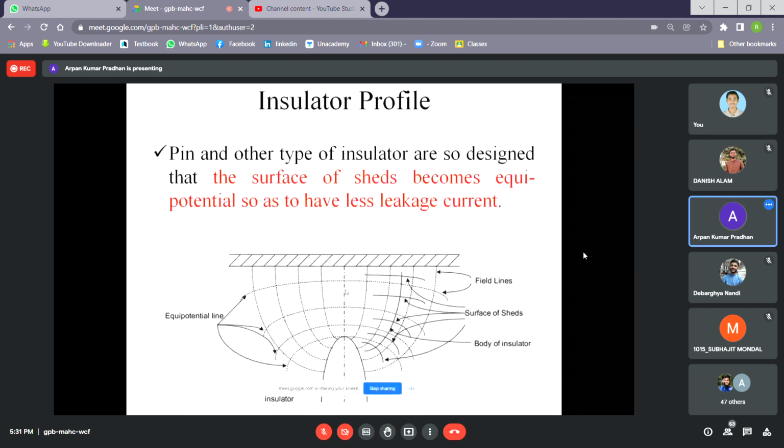Is it clear? You can see these are the bodies of the insulators, these are the equipotential lines, and these are the field lines. That is the insulator profile.